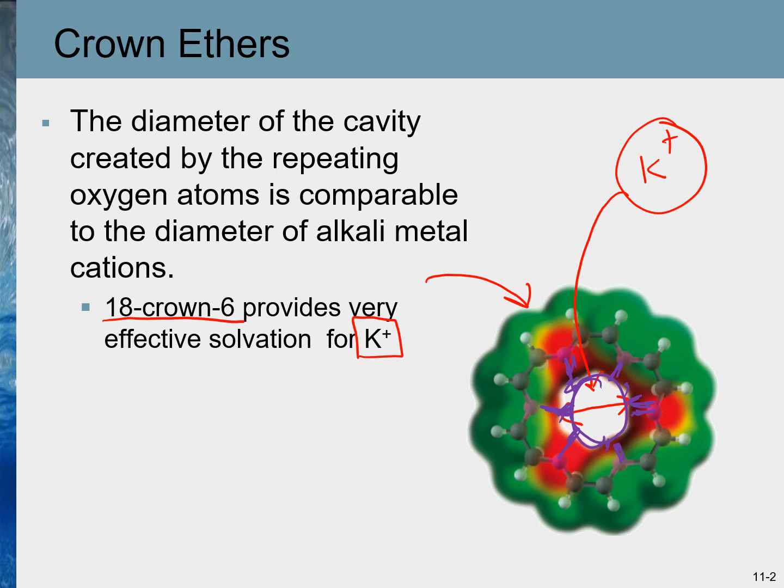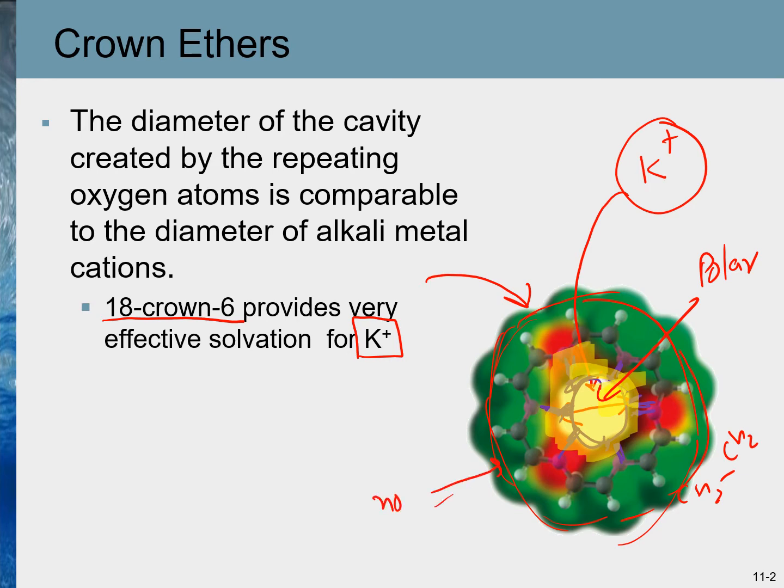Because of the presence of polar oxygen atoms, the interior of the crown ether is quite polar, but the exterior of the crown ether contains only the CH2 groups. So hence the exterior is non-polar.